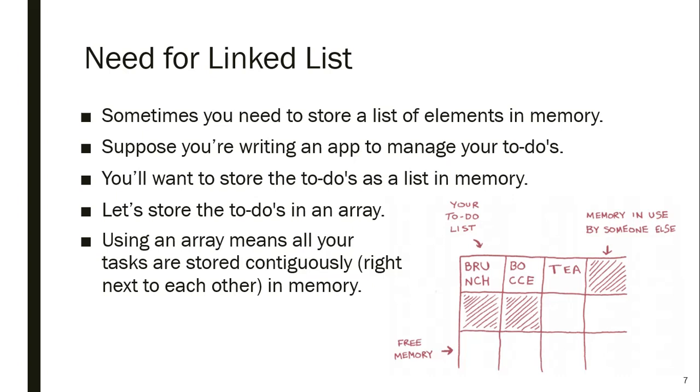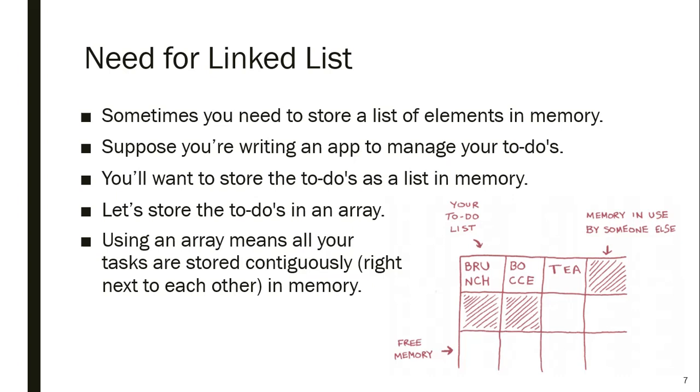Sometimes you need to store a list of elements in memory. For example, you need to store 3 elements that are the elements of your to-do list. You are writing an app to manage your to-do list, so you will want to store the to-dos as a list in memory. Let's store it in an array.